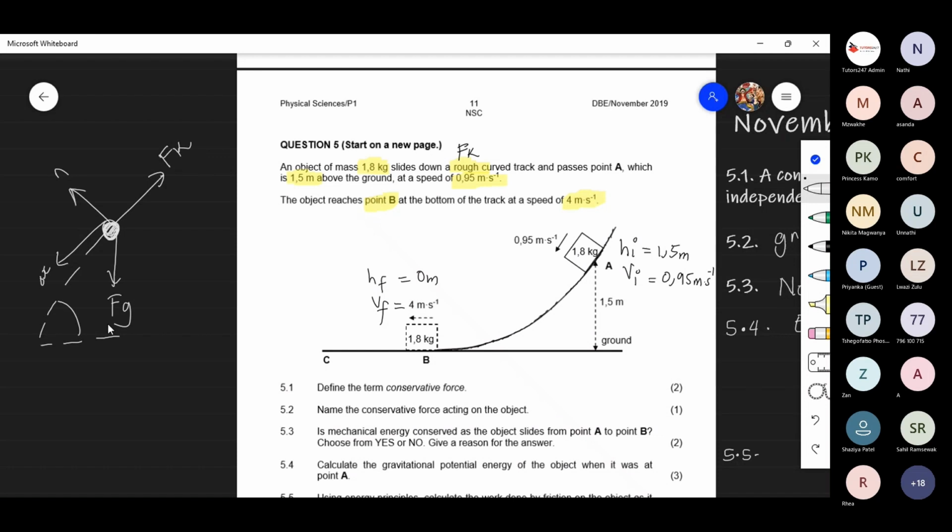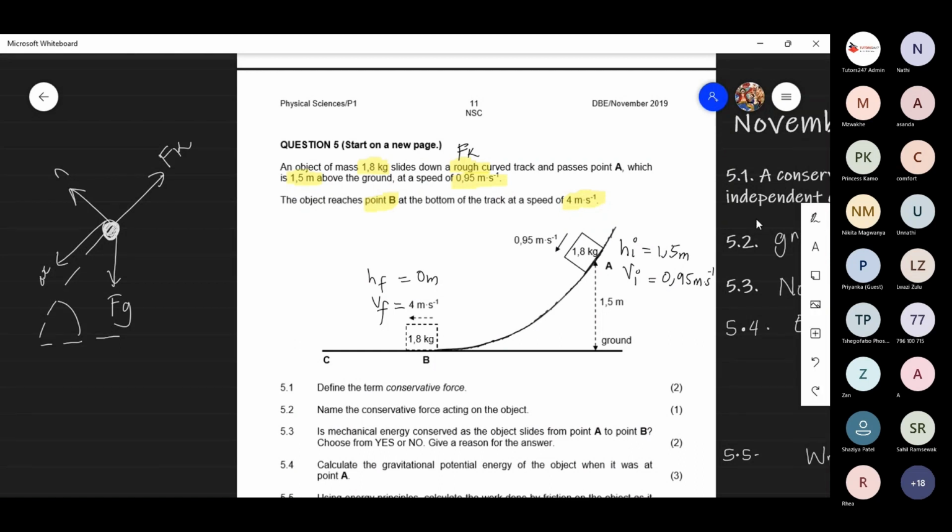So as you can see, there's no applied force pushing this object down the slope. The reason that the object slides down the slope is due to the component of Fg. That's the force that makes the object slide down, and that is not an applied force. That is a component of Fg.